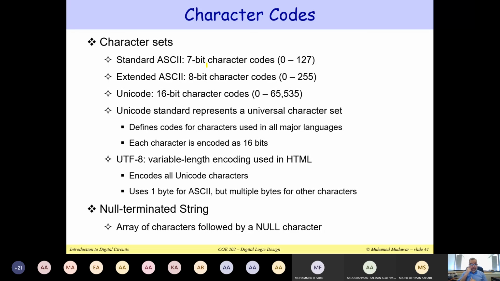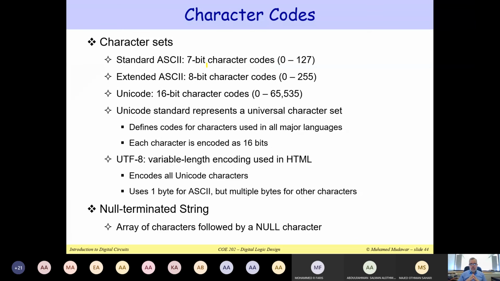But then people extended ASCII to become 8 bits. So now we have 8-bit character codes, and with 8 bits you can have 256 possible characters. We start at 0, we end at 255. But 256 is not really sufficient to represent all the characters of all languages around the world.